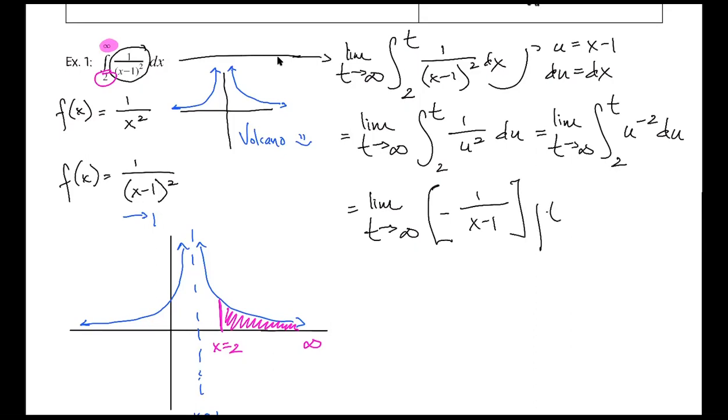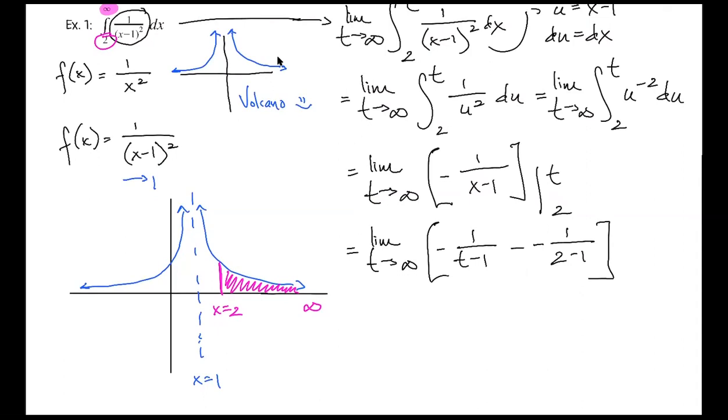I'm going to plug in t and plug in 2, keeping the limit out front while I plug in the bounds. So I have negative 1 over (t minus 1) minus negative 1 over (2 minus 1).